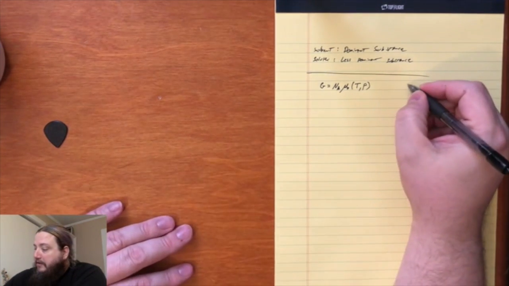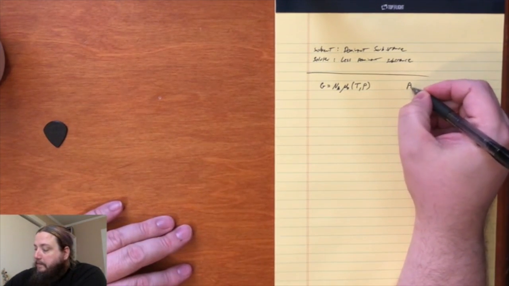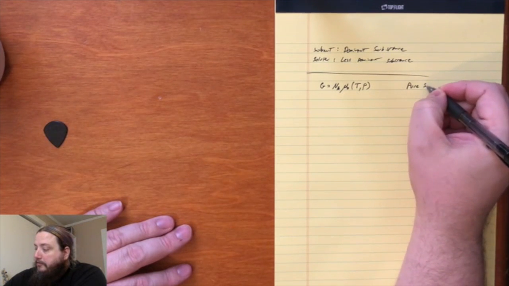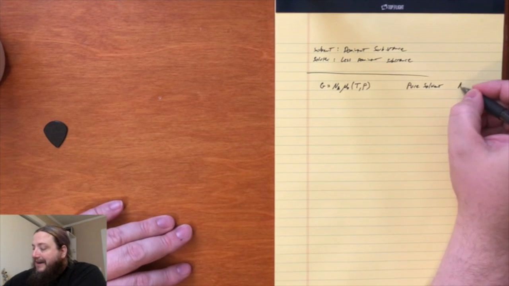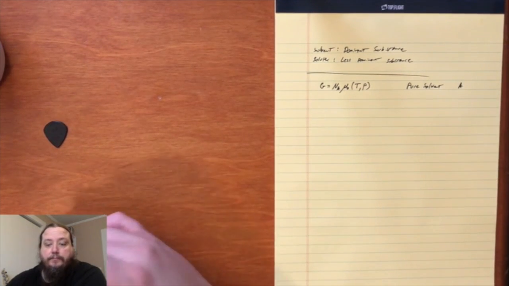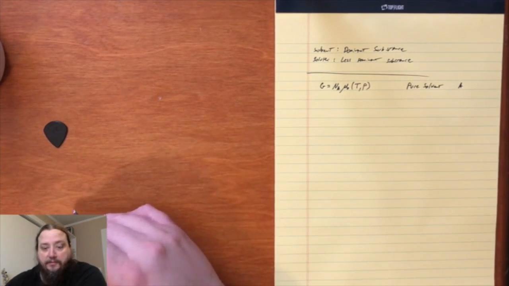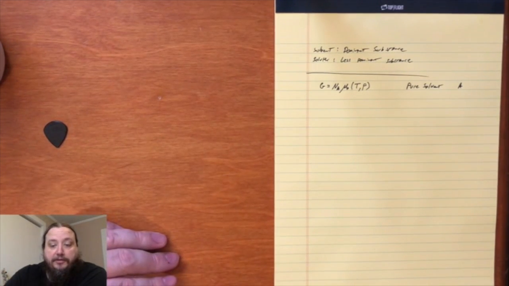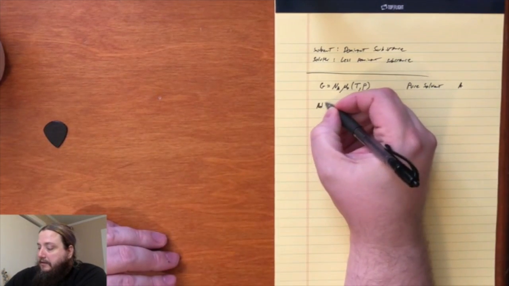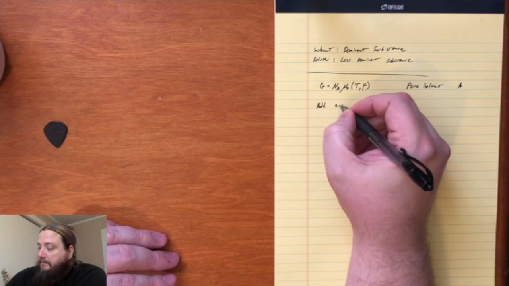So this is the Gibbs free energy of our pure solvent, and that's going to be our A substance.